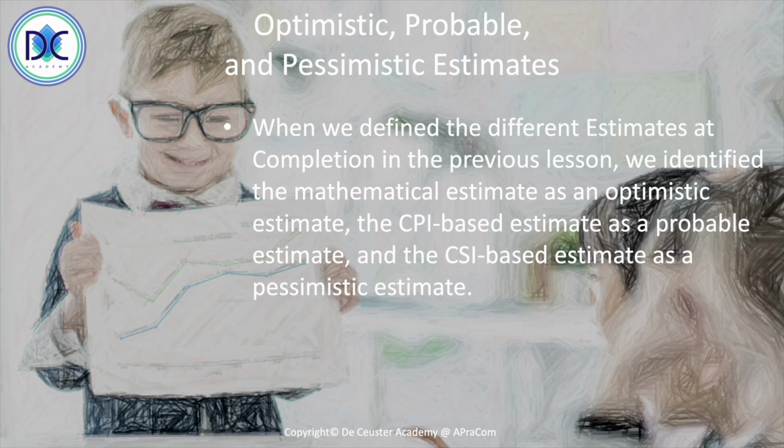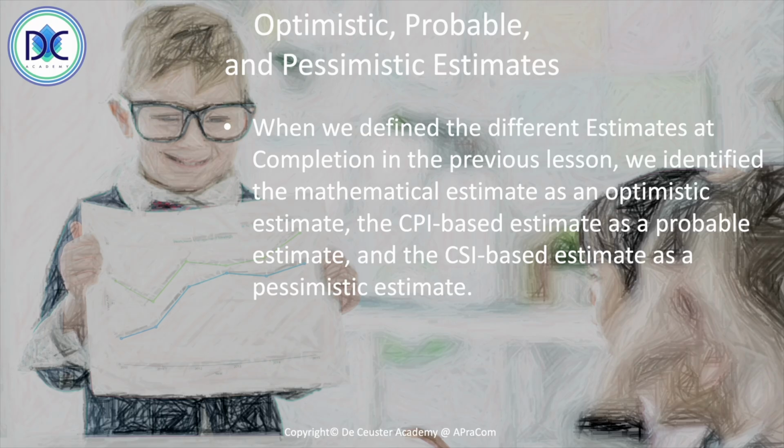That's kind of an optimistic idea, certainly when we are overspending on the project. So typically, this is what we would call the optimistic estimate. The CPI-based estimate is also referred to as a probable estimate. We would also call this the mode. So in most cases, this is the output we would expect.